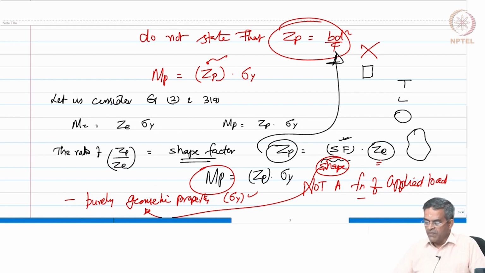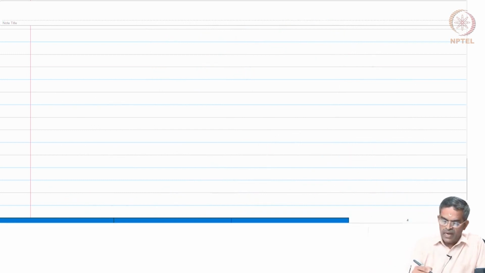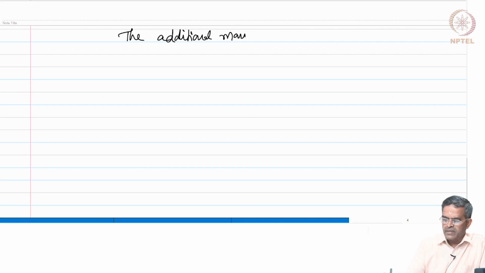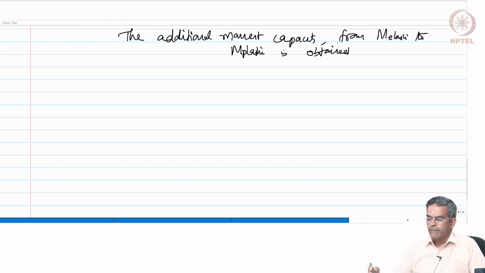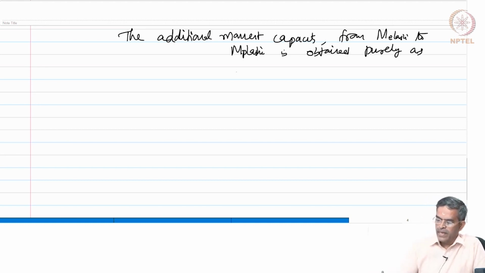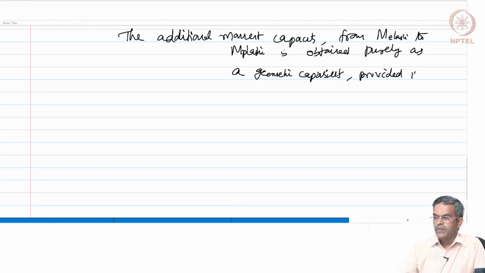Okay. So, let us try to understand a very important concept here: the additional moment capacity from M elastic to M plastic is obtained purely as a geometric capability, provided the material is ductile.